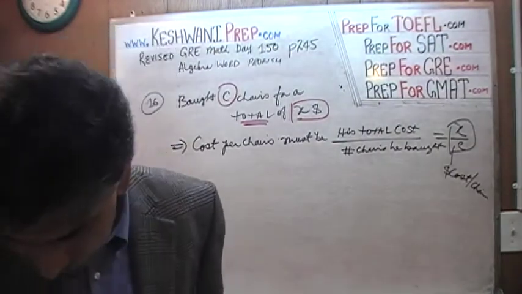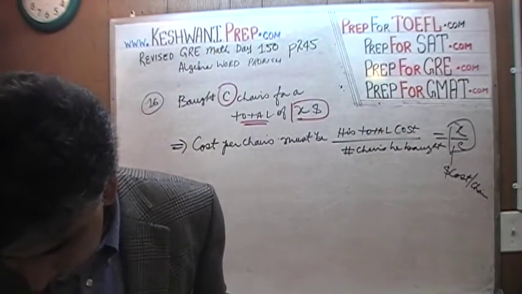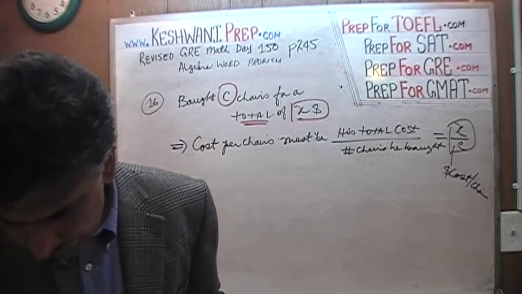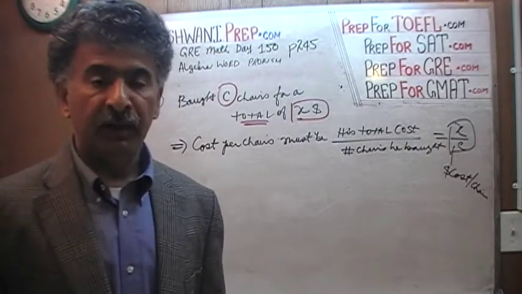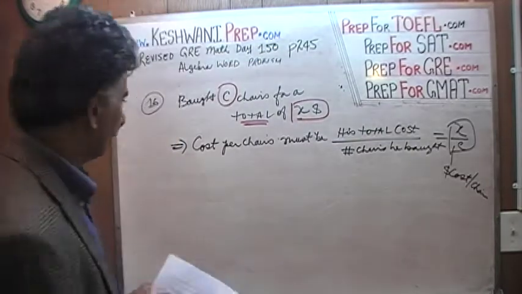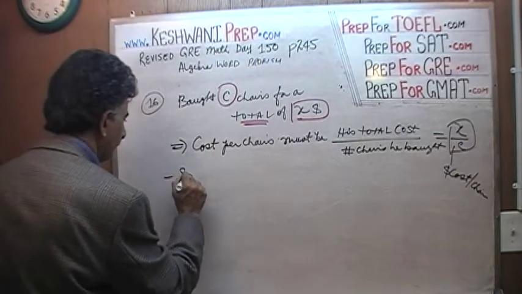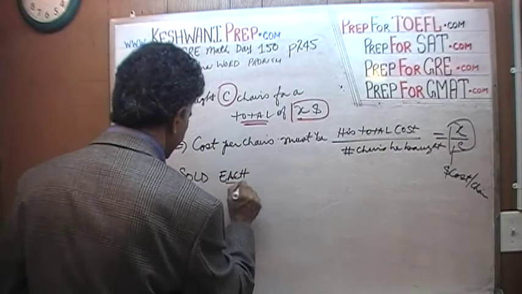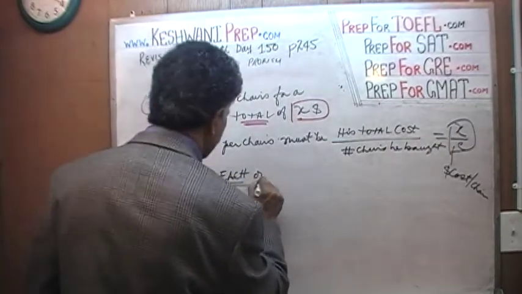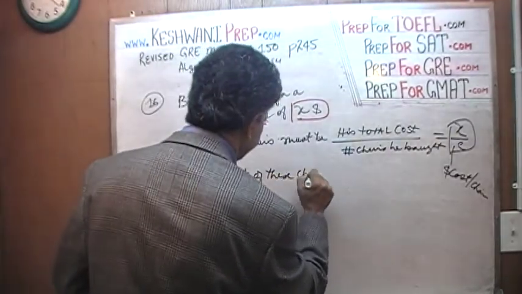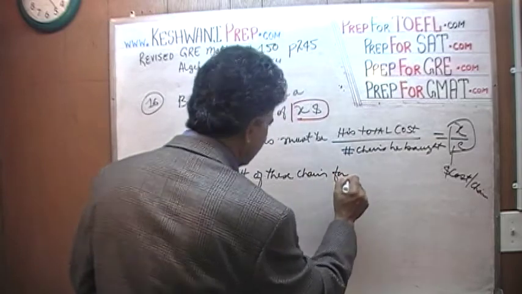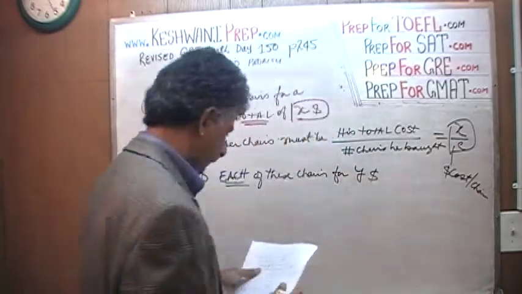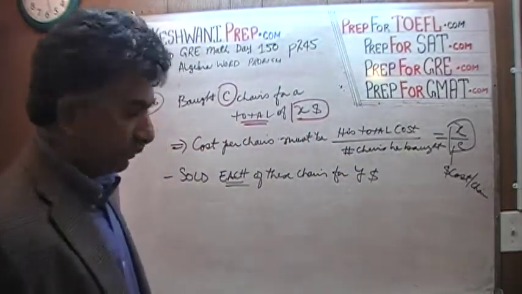What else are we told? The dealer sold each of these chairs for Y dollars. So then he turns around and sells each of these chairs for Y dollars. That's important, that each of these chairs for Y dollars. Well, that's pretty straightforward then.